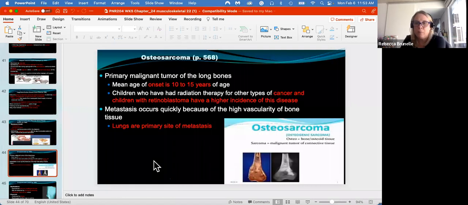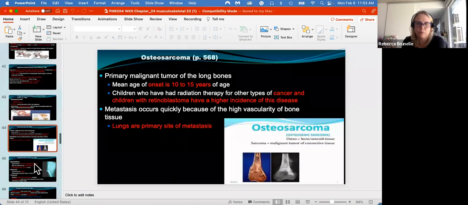So we're going to talk about a couple of different cancers. So osteosarcoma is the most common bone cancer in children. And kids that have had a retinoblastoma or have had radiation therapy for other cancer have a higher rate of developing osteosarcoma. It's a cancer that unfortunately metastasizes pretty quickly. And if it does, it usually goes to the lungs.